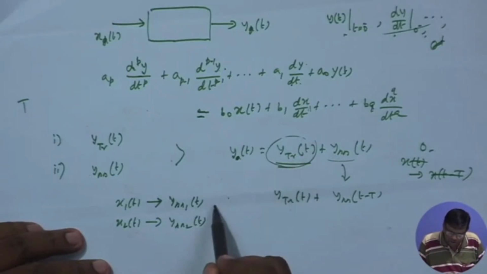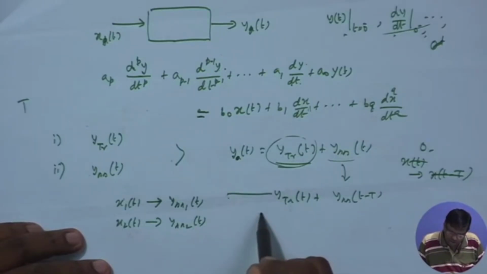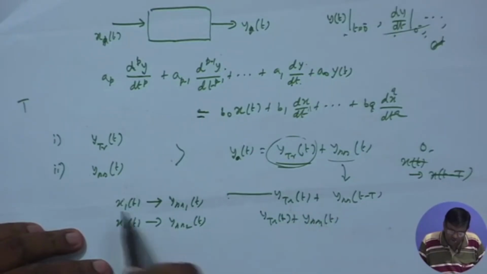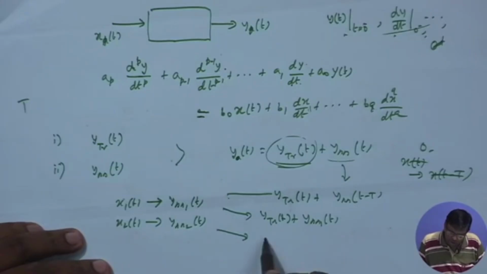When the initial conditions are present and I give x1(t), the output will be y_zi(t) as before plus y_ss1(t). Input is x1(t), so totally this is the output. And when I give x2(t), the output is still y_zi(t) plus y_ss2(t).